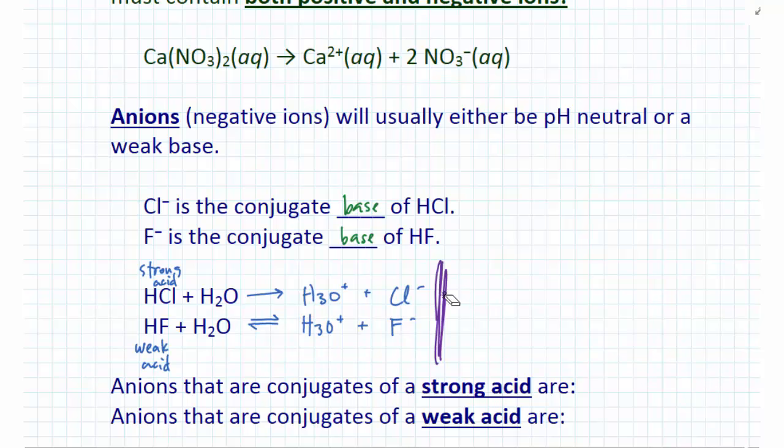There is no reversing, so a chloride cannot combine with a hydronium to reform HCl, but fluoride can combine with hydronium to make HF. Okay? That's important. That's the big difference here. So when we're talking about what chloride and fluoride actually are, we need to say chloride plus water and fluoride plus water. Okay?